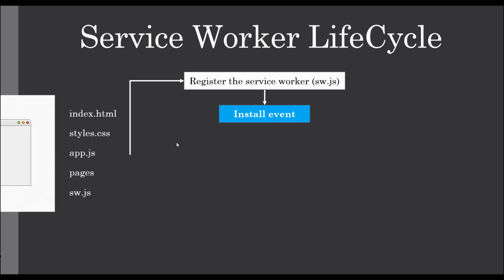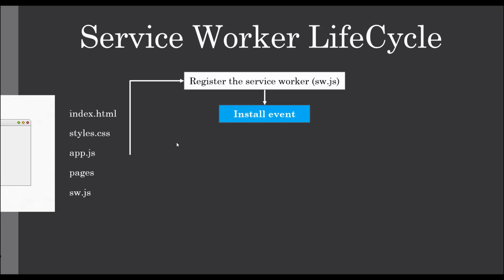So if the registration of the service worker is successful or not, then we can try to display something. So for example, if the registration or the install is not successful, then we could display a warning to the user that the service worker is not available or something.